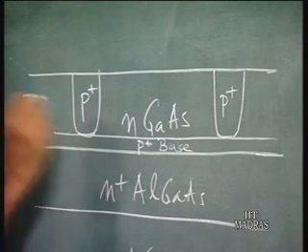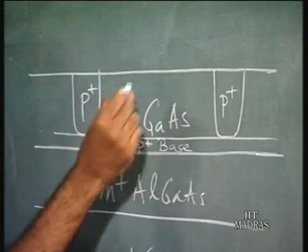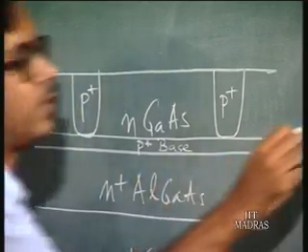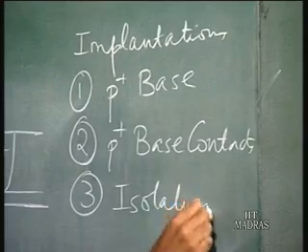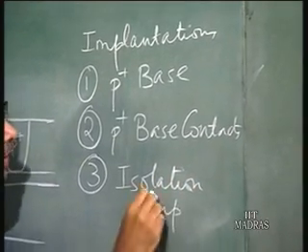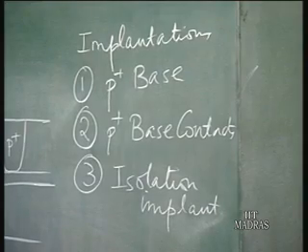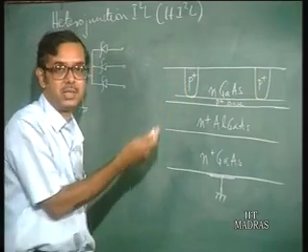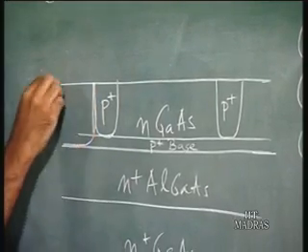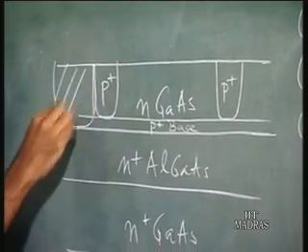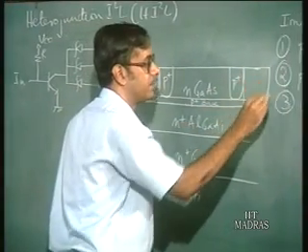So, basically this is to take contact for the base, and then there is another implant for isolation. Usually in gallium arsenide, boron is implanted at high energy and it creates a lot of damage in the semiconductor, and it creates a very high resistance region, which acts as an isolation.